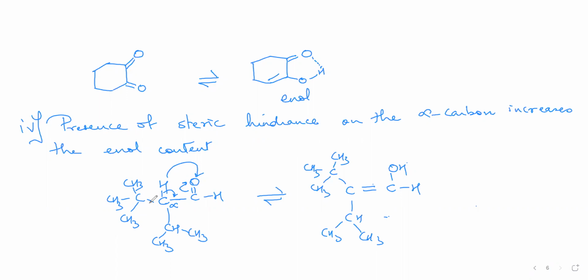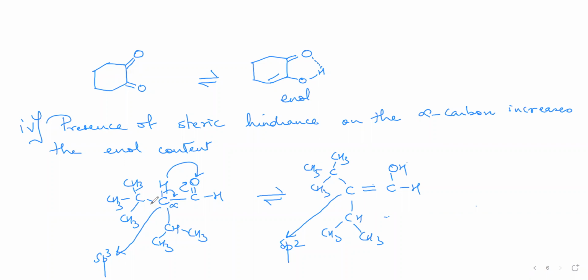Very good. The carbon here is what hybridized, the alpha carbon? Yes, sp3. When the enol is formed, the hybridization changes into what for the alpha carbon? Yes, it changes into sp2.